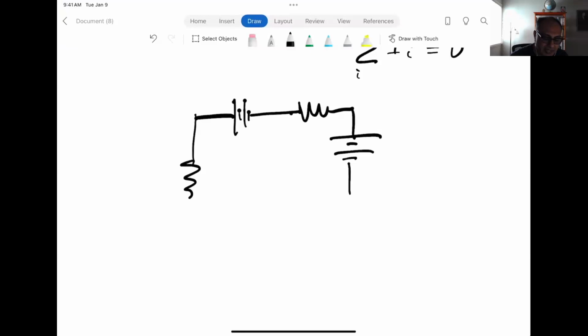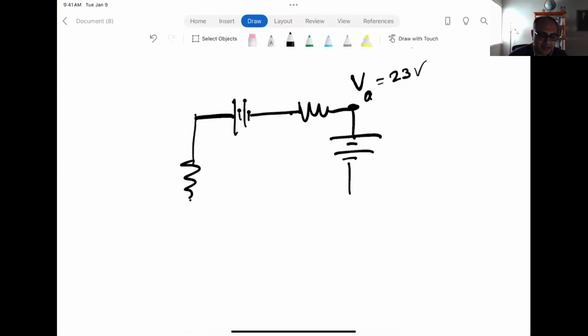So now if you just consider any point in the circuit, like let's consider this point A. This point has a certain value of potential, right? So there must be some value of potential at this point, VA. And suppose that's 23 volts. I'm just making up a number here, right?